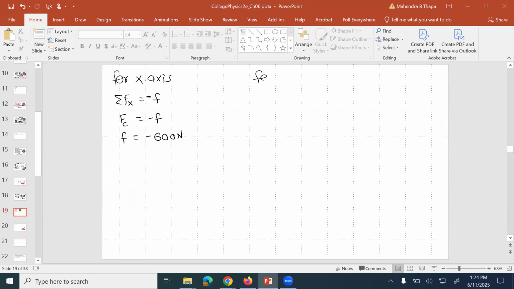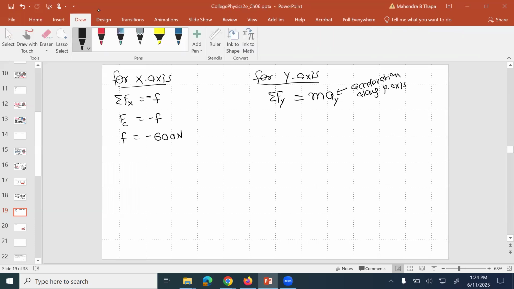Similarly, we can do it for the y-axis. For the y-axis, we can write Newton's law as net force along the y-axis equals mass times acceleration along the y-axis.